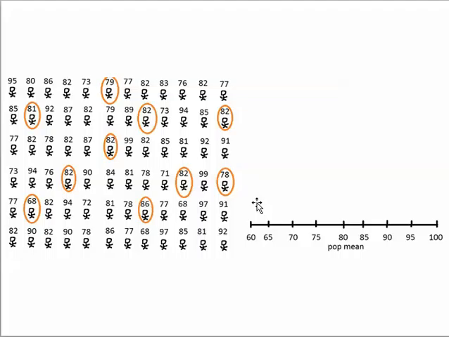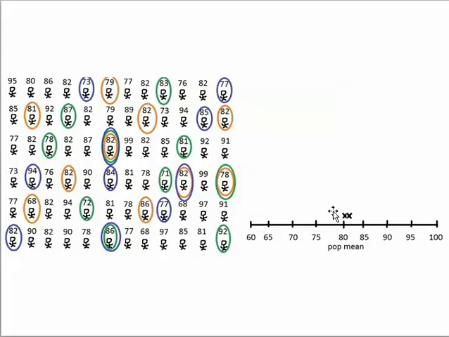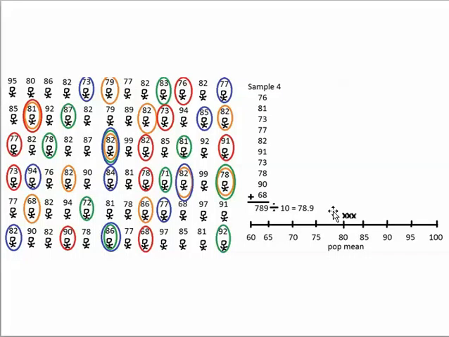If I selected a sample of 10 people randomly and I end up getting this sample, then my sample mean will end up being 80.2. If I end up getting these 10 people, my sample mean will end up being 81. If I get these 10 people, my sample mean will be 82.2. If I get these 10 people, my sample mean will be 78.9.